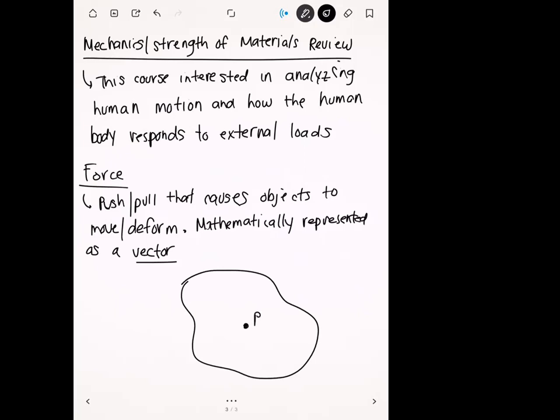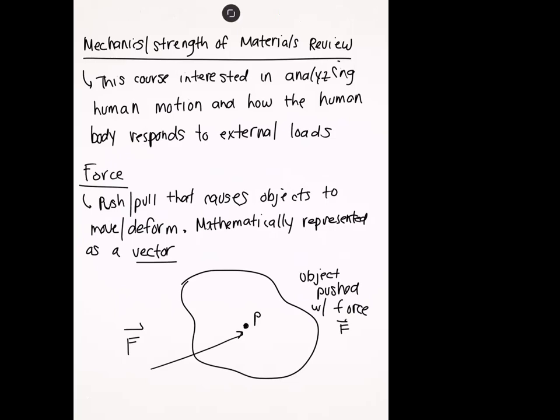Let's say that we have an object P of arbitrary shape, and if we apply a force on this P right here, then this object is going to be pushed with the force F. And if there's nothing else holding this object in place, then this force is going to cause this object to accelerate.